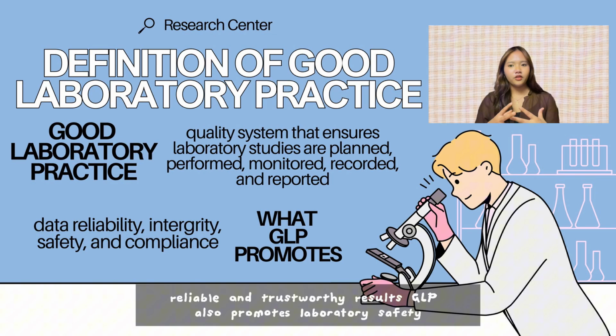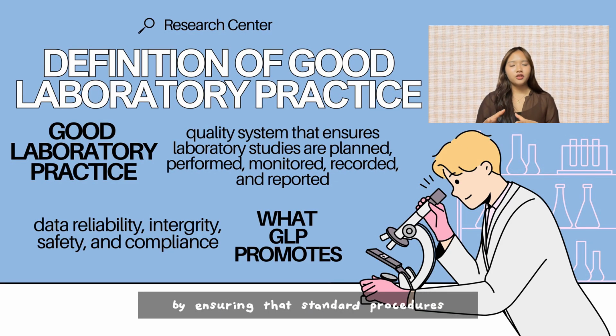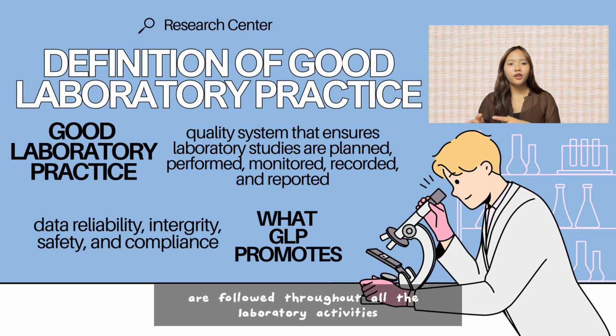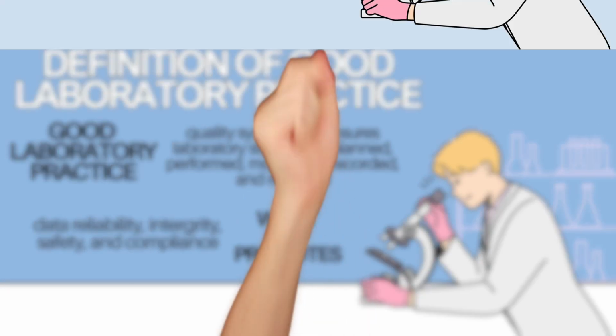GLP also promotes laboratory safety, proper documentation, and compliance with regulatory requirements by ensuring that standard procedures are followed throughout all the laboratory activities. Now that we've defined GLP, let's look at its purpose.